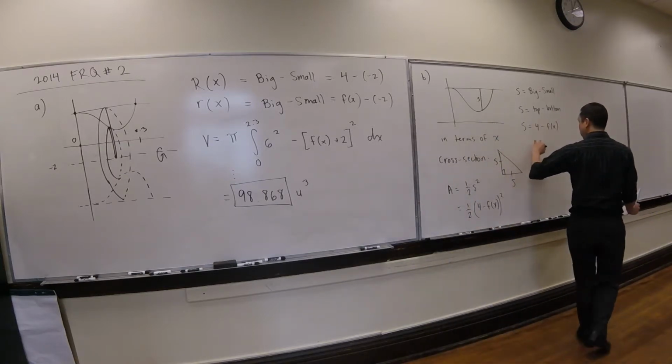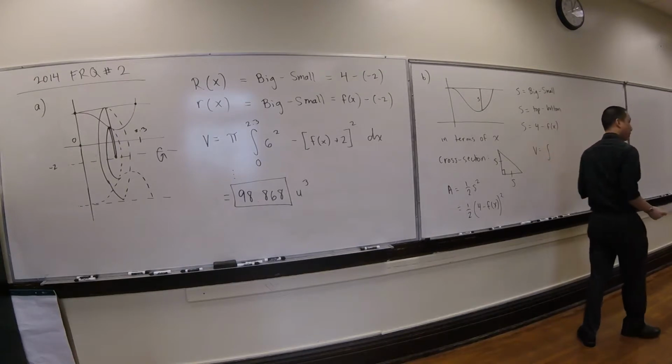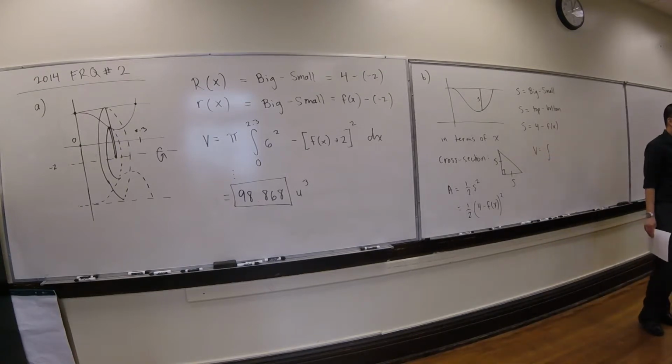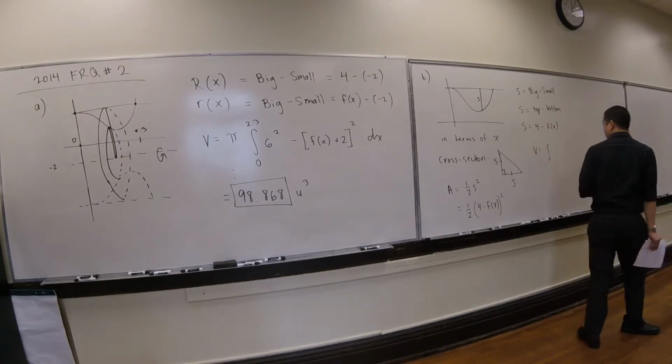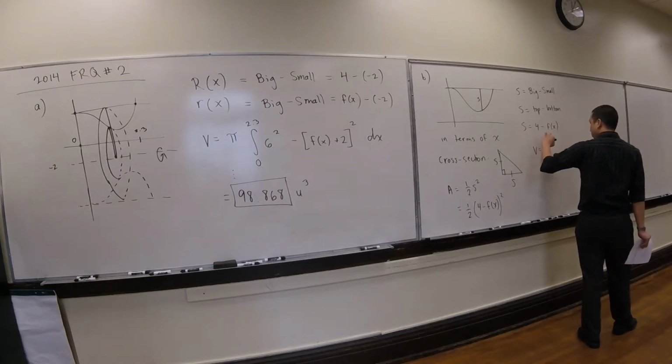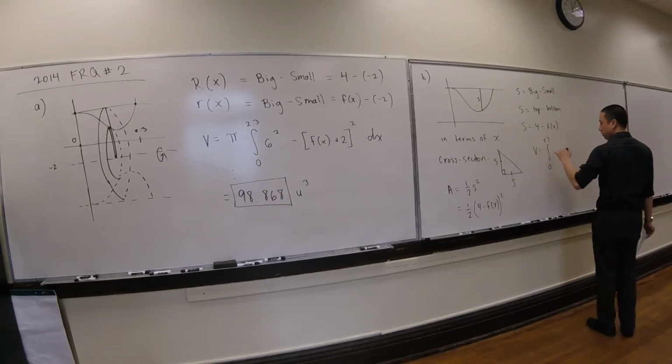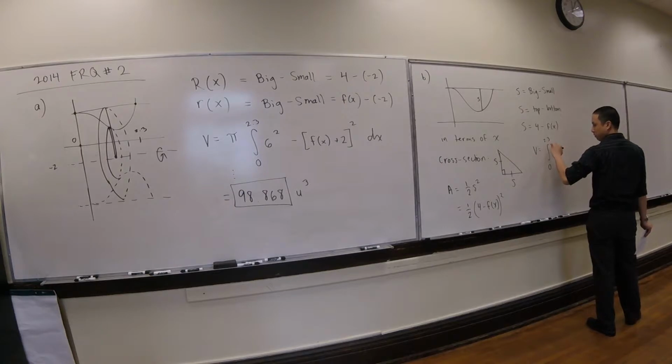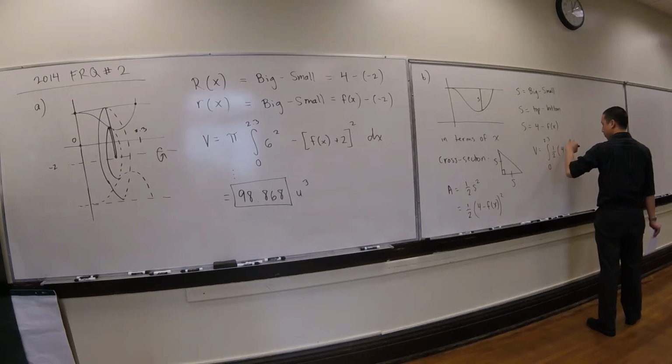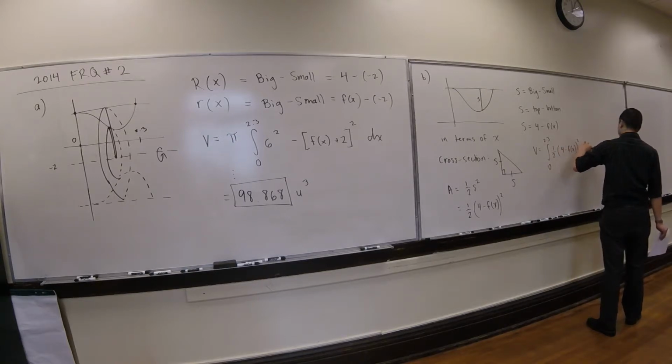So volume is equal to the integral from what to what? From 0 to 2.3 of 1/2 times (4 minus F of X) quantity squared, dx.